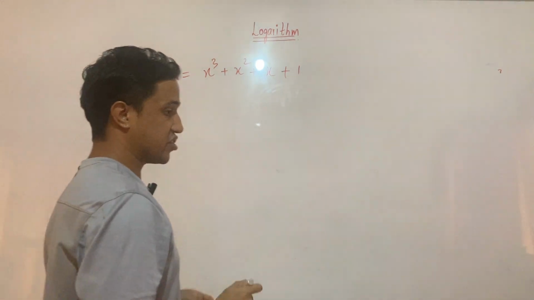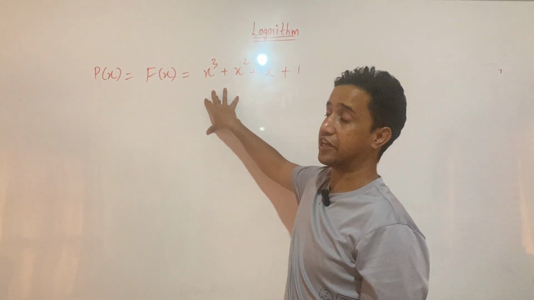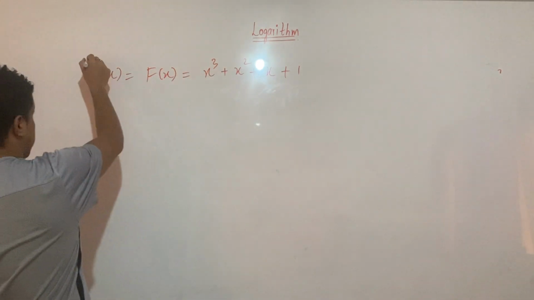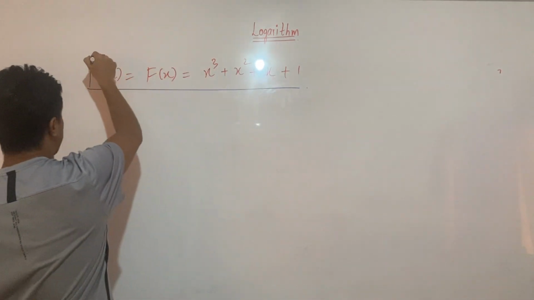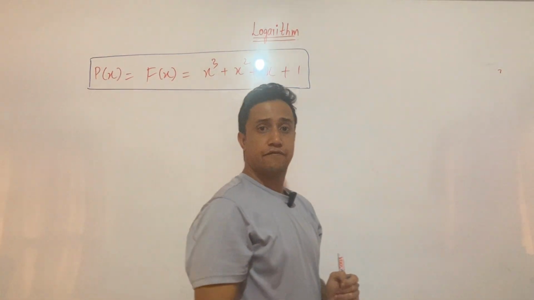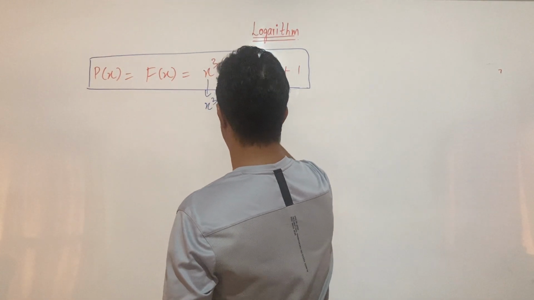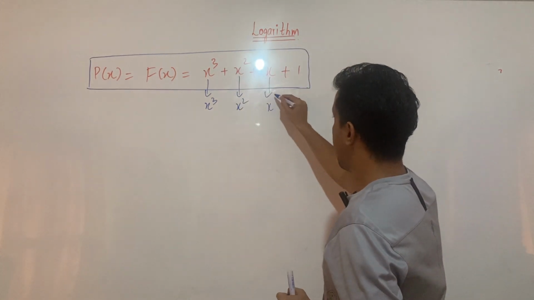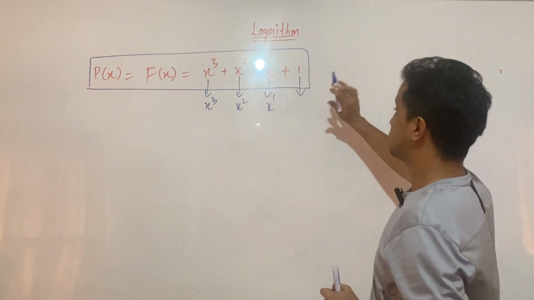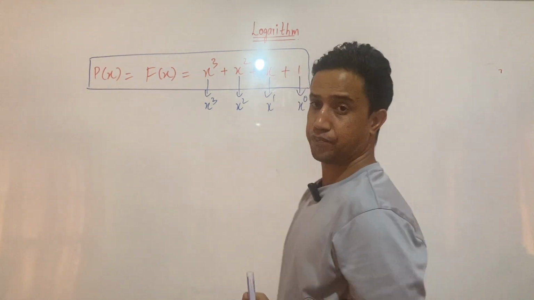In fact, this is a cubic polynomial function. If you look at it, you can see that there are four terms. The first term is x cubed. The second term is x squared. The third term is x raised to the exponent 1. And the fourth term is 1, and I can write 1 as x raised to the exponent 0.